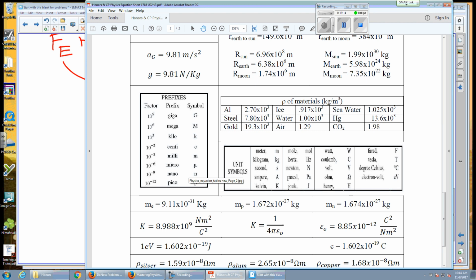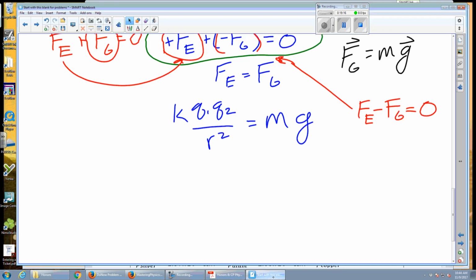What's r squared? When we set up an equation, we like to have one thing to solve for. So what's r squared? That's our one thing to solve for.